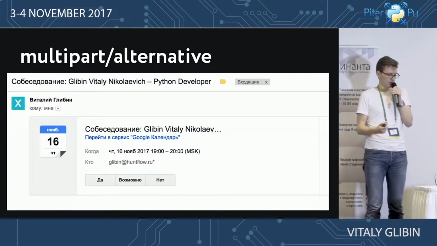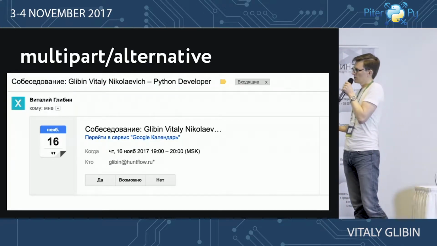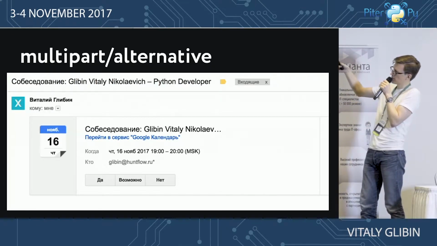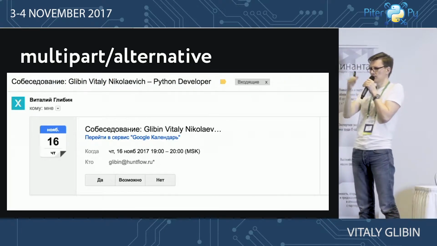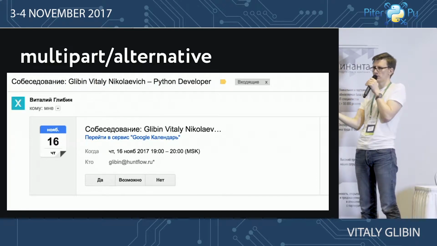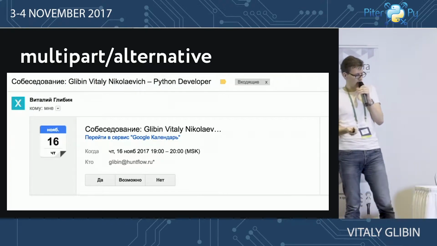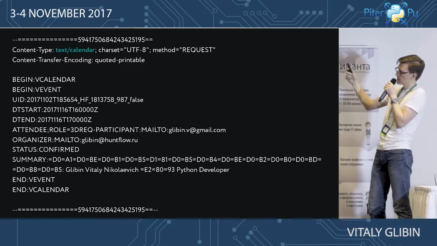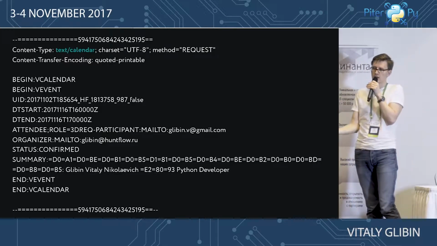Another example of the alternative representation: if you receive an invitation to the calendar, it is also an alternative format, and you could have seen it. There is a beautiful badge, there is an event in the calendar, and you can also choose whether you come or not, accept or not accept, and this is also done with multipart alternative, and there are additional MIME types with the content types.